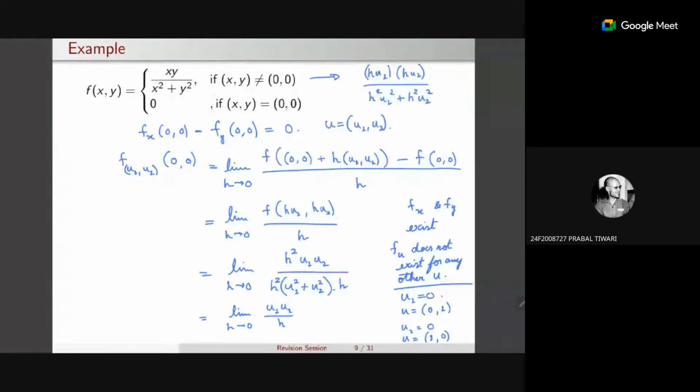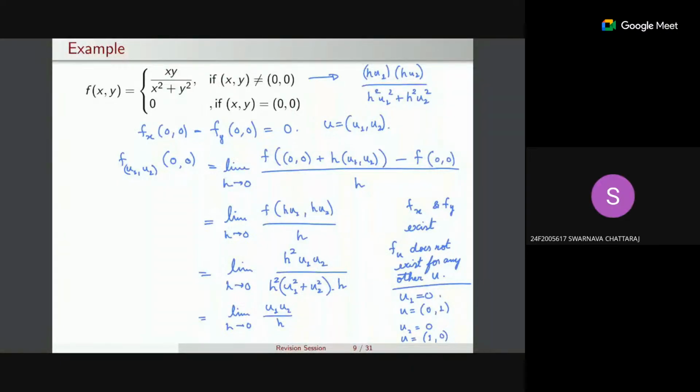Sorry, sir, but I didn't get it. Why do you say when u1 is equal to 0, the limit should exist? It's 0 by 0 form now. No, it's not a 0 by 0 form; the entire thing is 0. You are analyzing this function. Let us forget about the limit and take this as a function of h. When you take the limit, you are looking at this function outside h equal to 0.